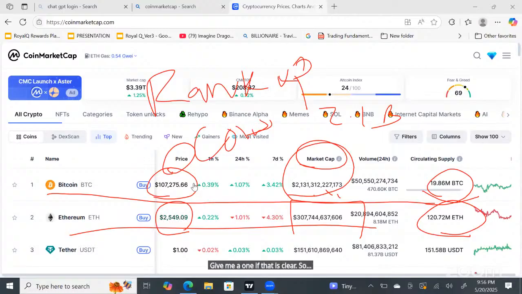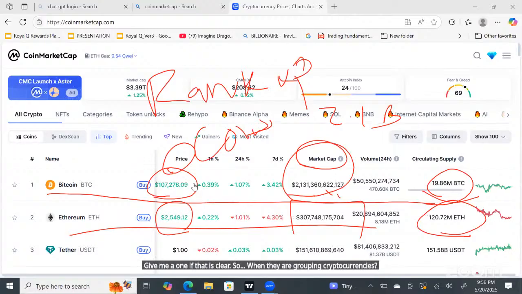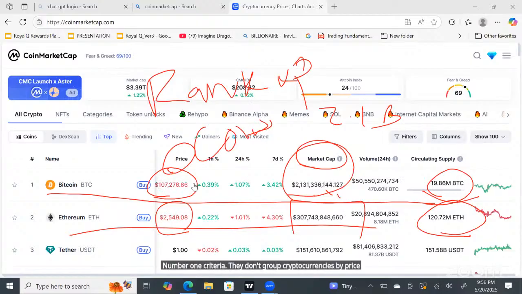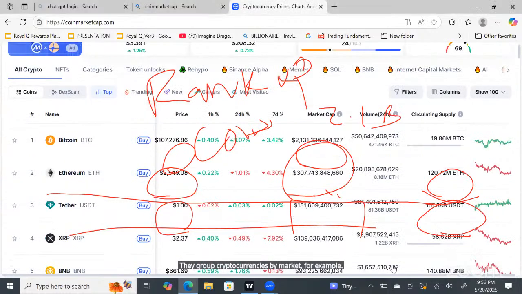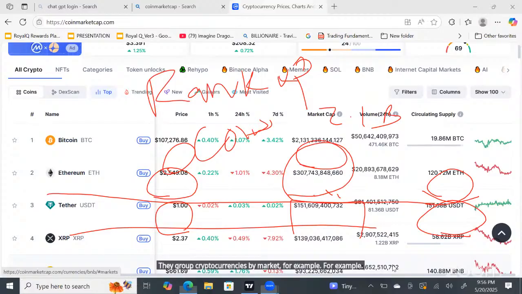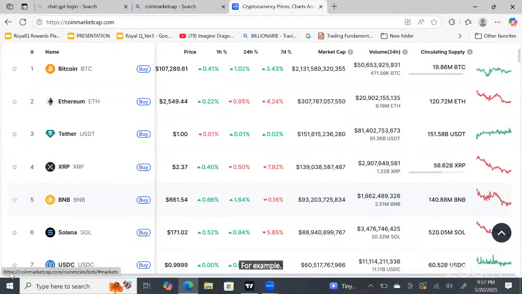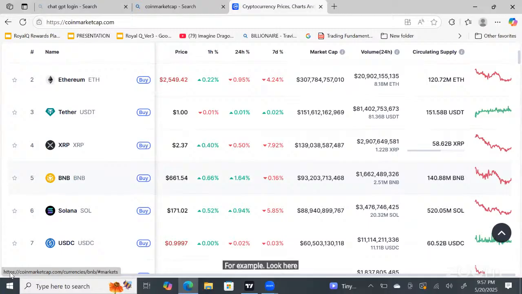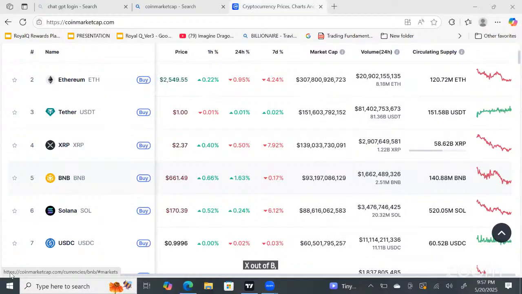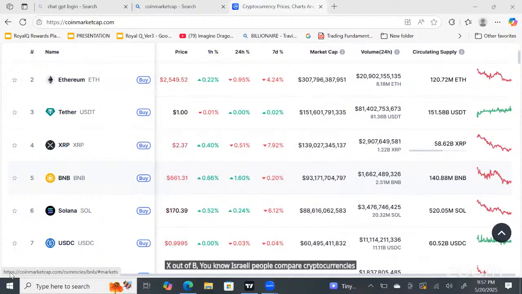So when they are grouping cryptocurrencies, number one criteria, they don't group cryptocurrencies by price. They group them by market cap. Look here, XRP. Usually people compare cryptocurrencies by price, and I want to teach this.